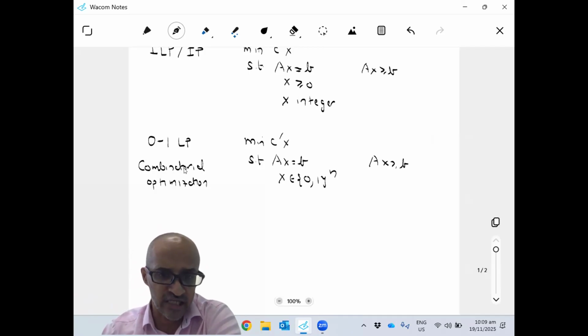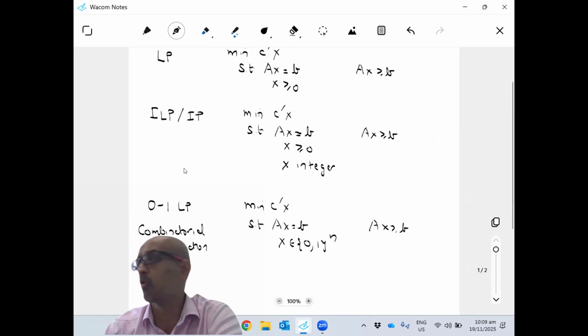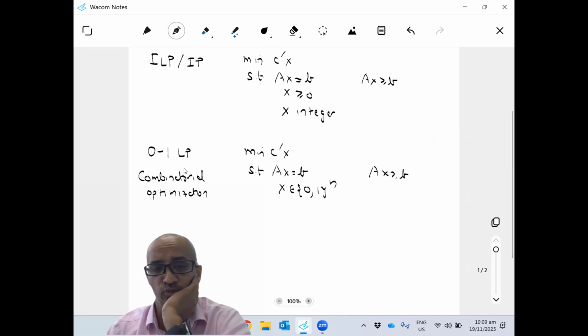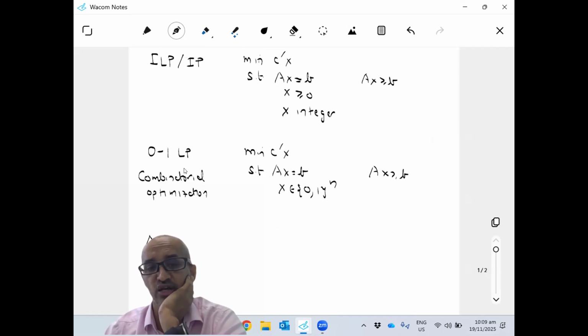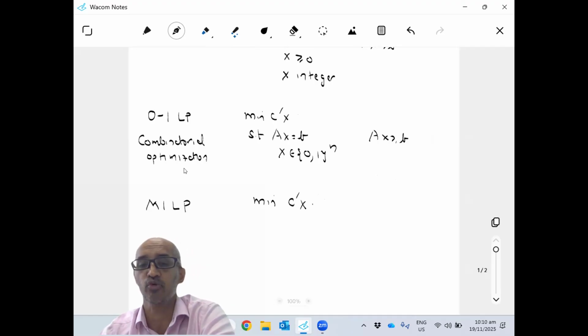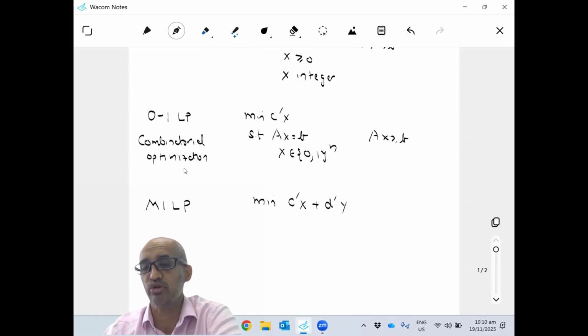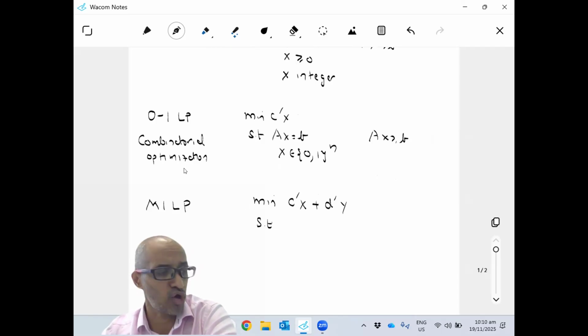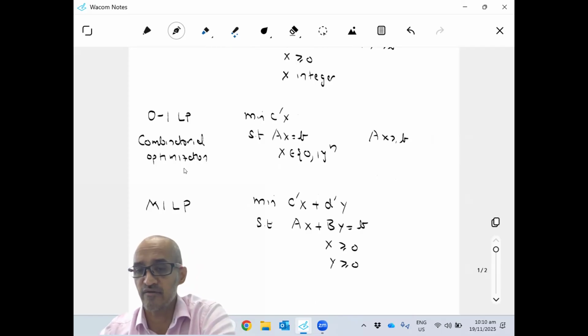The final, the most general class of these problems is what are called mixed integer linear programs, where you have two sets of variables. Let's say you've got C transpose X plus D transpose Y. So there are two variables X and Y. I've got constraints of the form AX plus BY equal to B. X is non-negative, Y is non-negative, and only Y are integers.